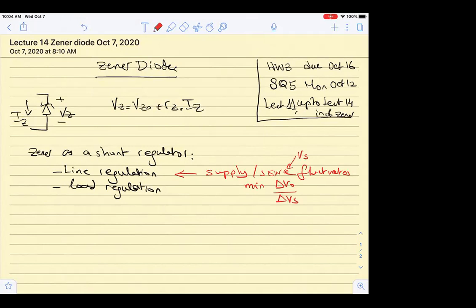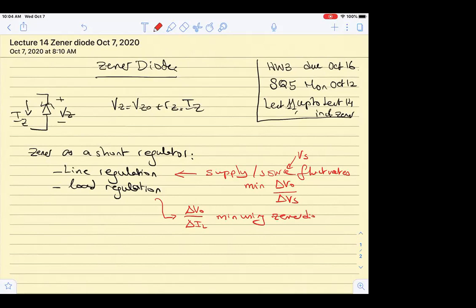In terms of load regulation, if my load absorbs variable current, meaning the load fluctuates, the objective is to minimize delta VO over delta IL using the Zener diode.